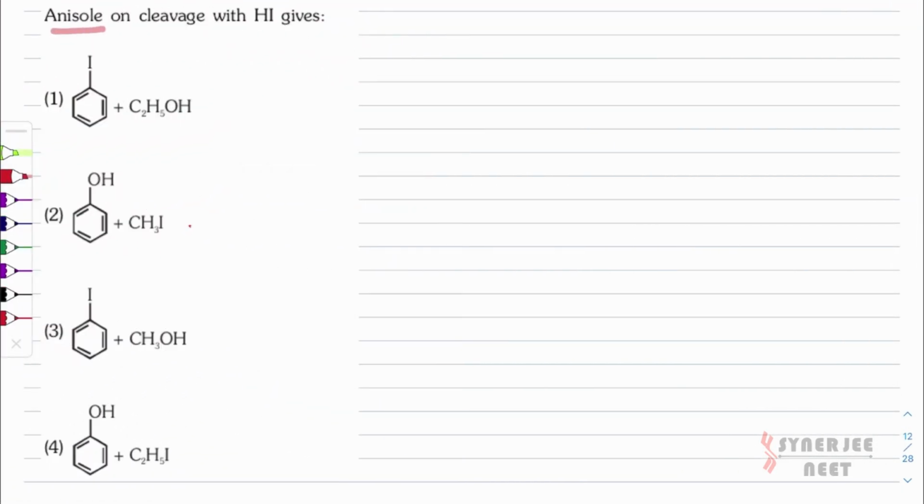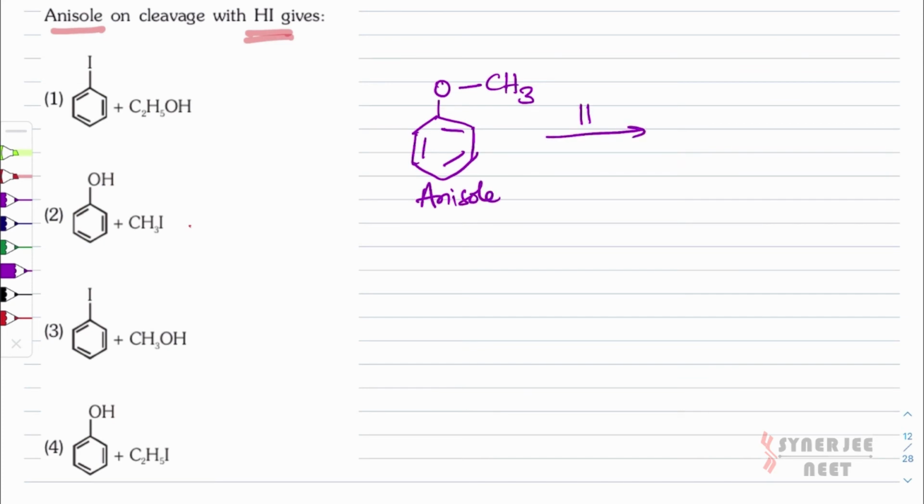In this question, anisole is reacted with HI and they are expecting the product. Anisole is an ether, with a benzene ring on one side and a methyl group on the other. When it reacts with HI, the oxygen of the ether gets protonated.